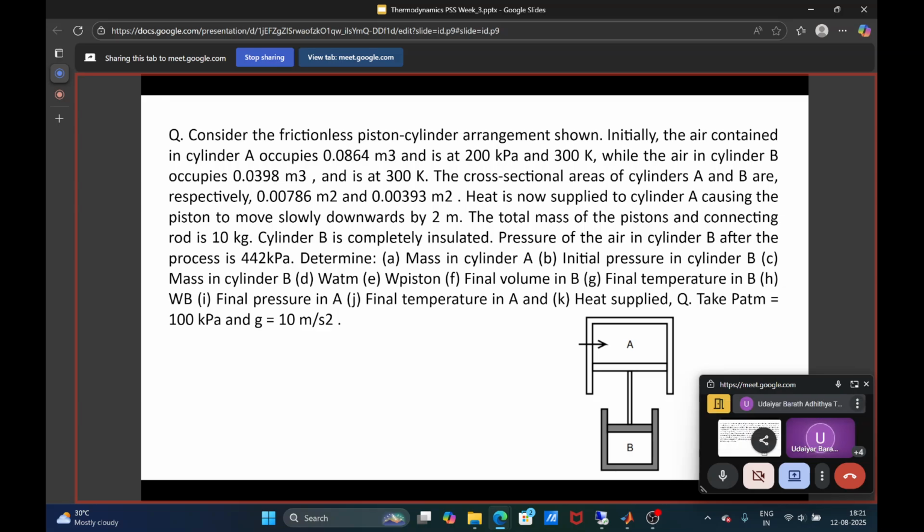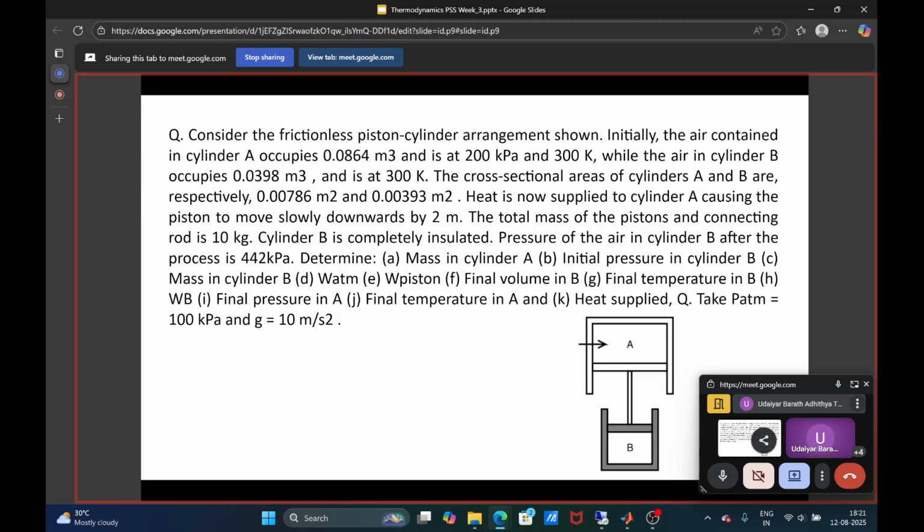In the initial case, they have said that A has some volume which is given, and is at 200 kilopascal and 300 Kelvin. Similarly for B, you don't know the pressure, but you know the volume occupied and the temperature.